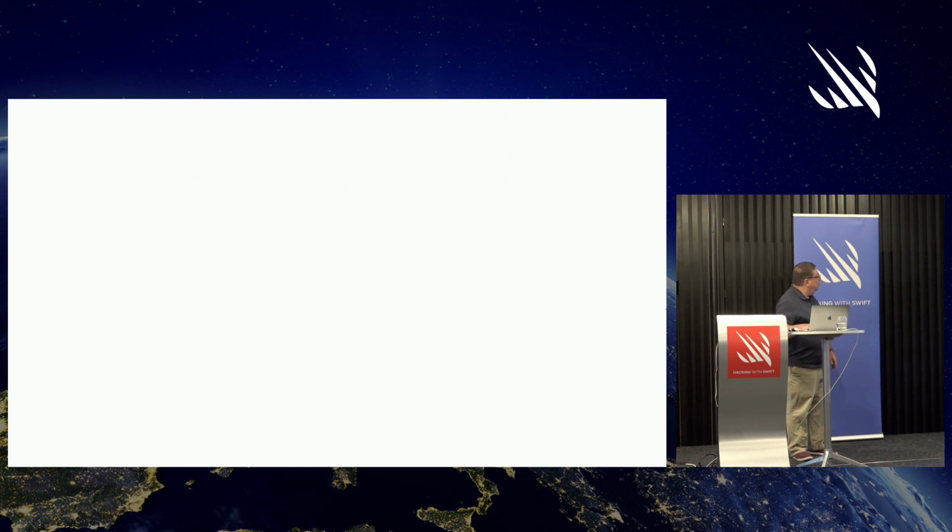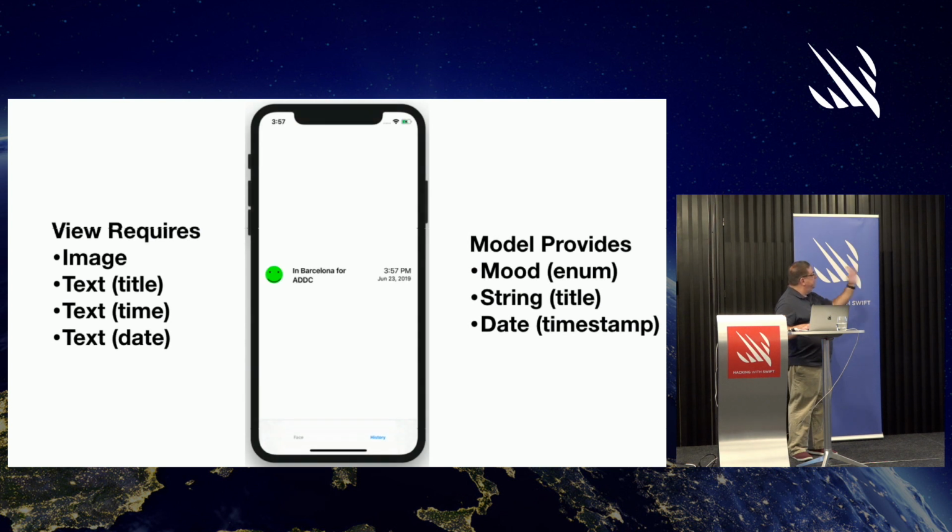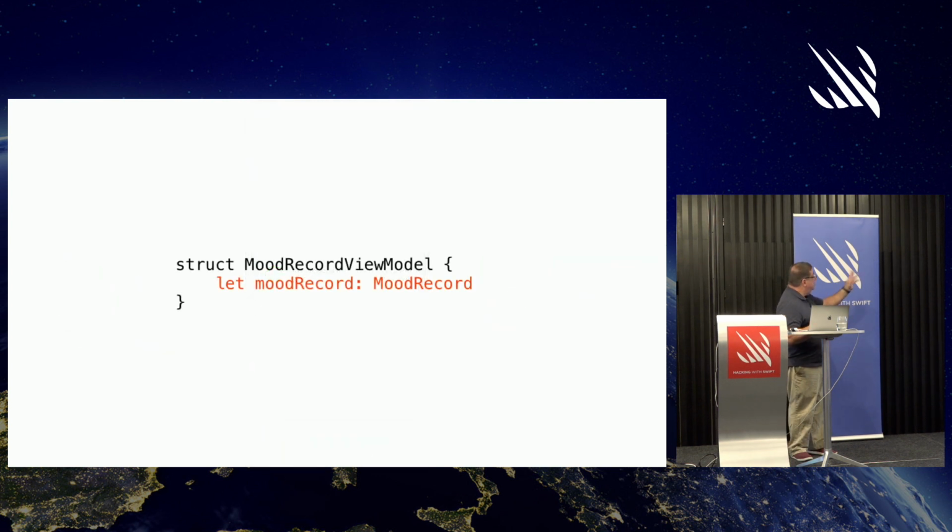And so what I have here is something that needs to be translated. I have a model, and I need to transform it into something the view understands. And fortunately, I have a function that does that. That was in this mood record model. I create a new view model from the model itself.